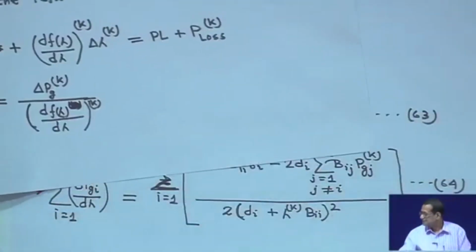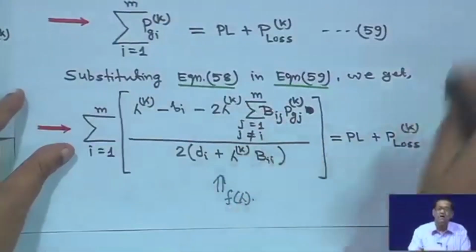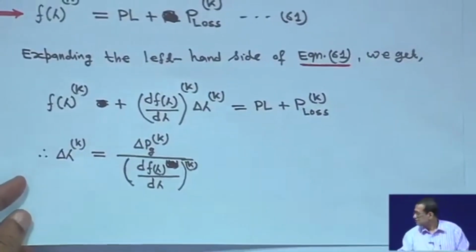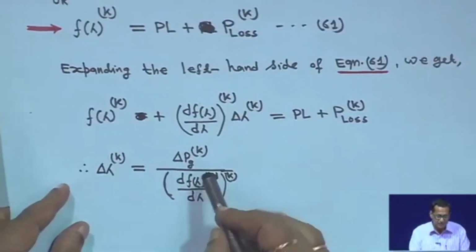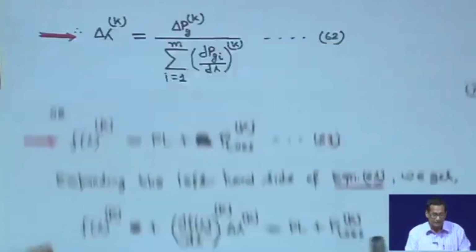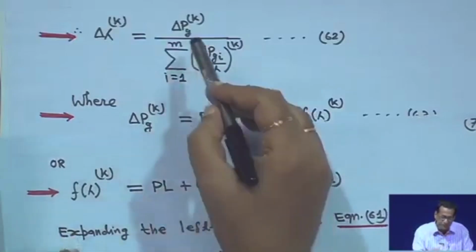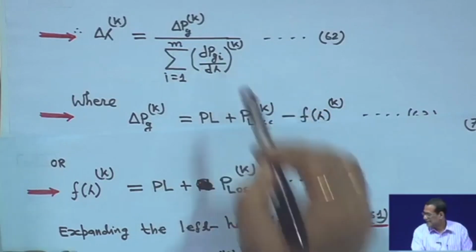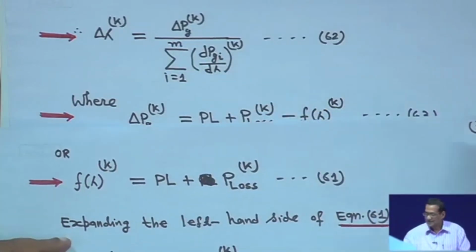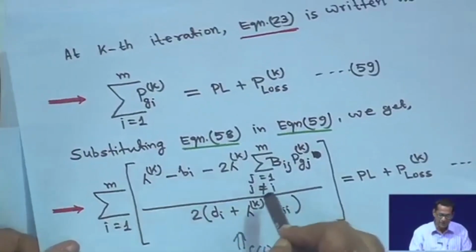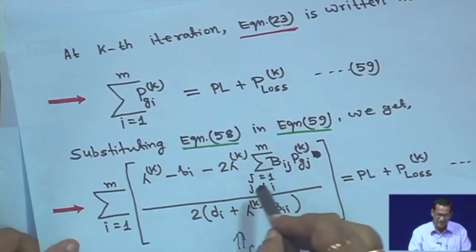That means, delta lambda k is equal to delta Pg k divided by summation i = 1 to m of dpgi upon d lambda, because this equation, if you look, is basically a summation of i = 1 to m, and the whole pgi k expression we have substituted here.